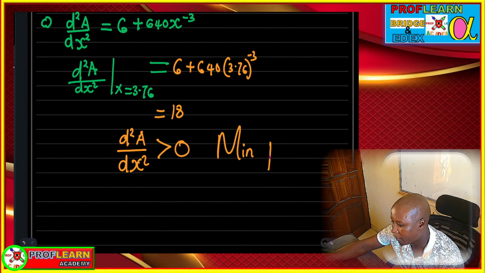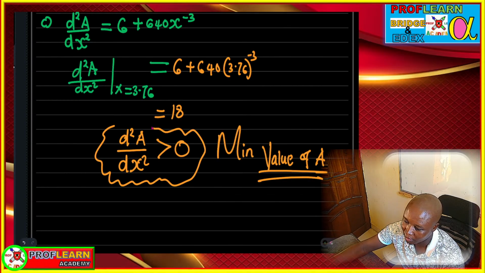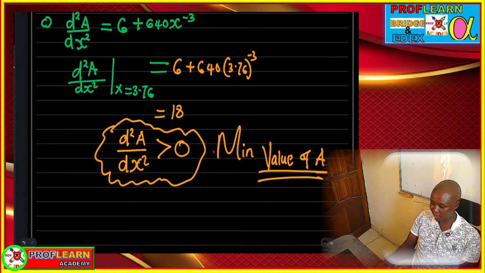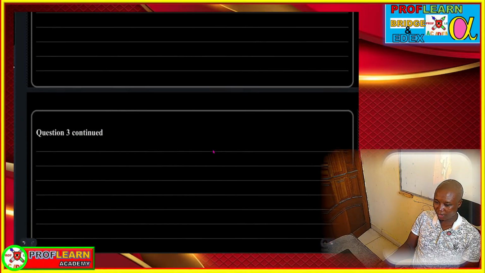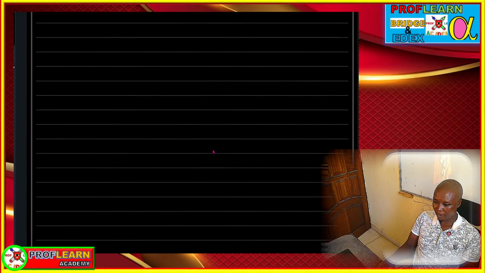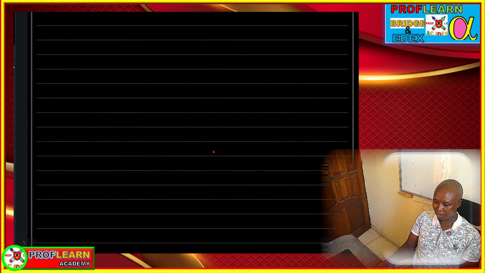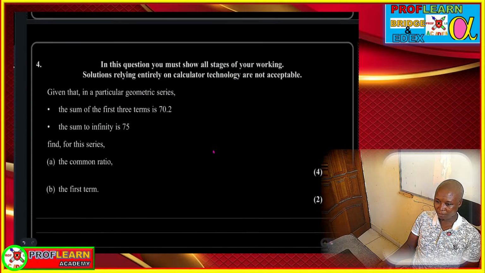So minimum value of A. Since d squared A over dx squared is greater than 0, this is a minimum. If we had gotten a negative number, we would say it is a maximum. If you have a negative, you will say that is maximum.